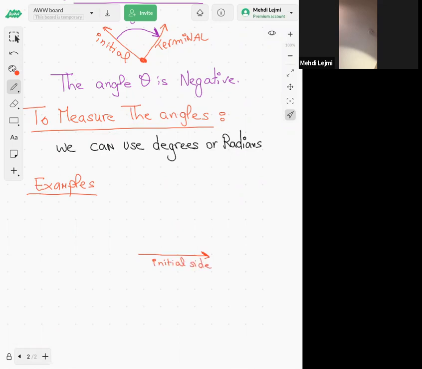If you go to this terminal side, you're going to get this angle. This is, of course, a right angle, and that will be 90 degrees. Yes, absolutely, Glenn. So this is 90 degrees. That's a right angle.